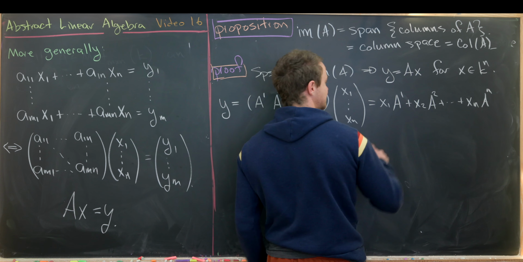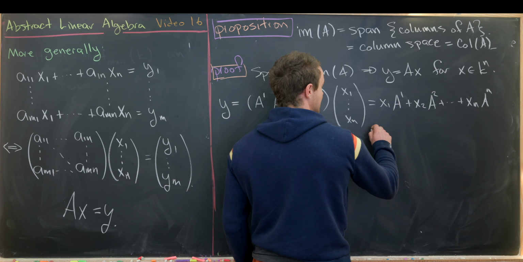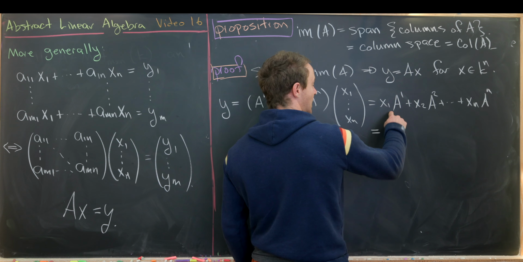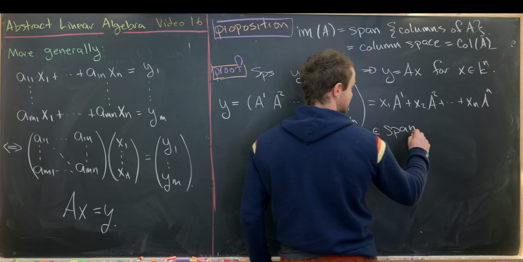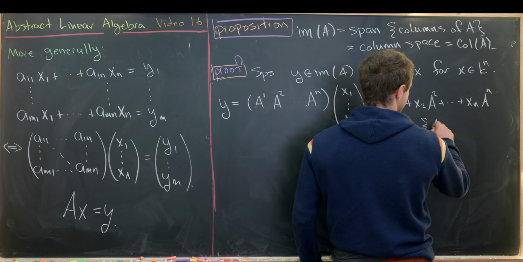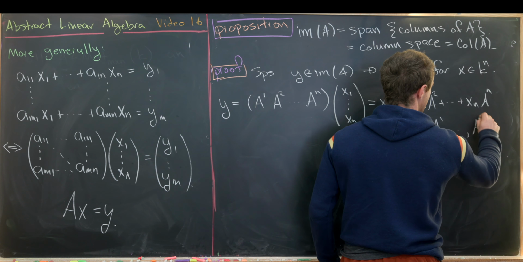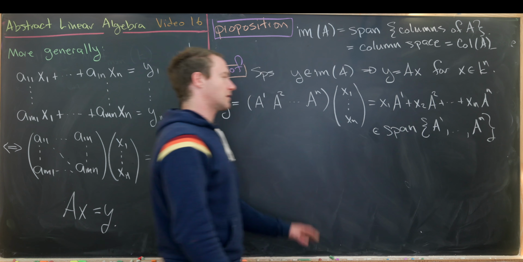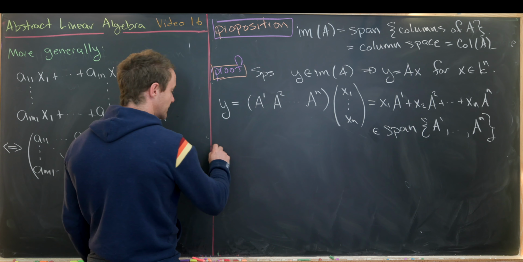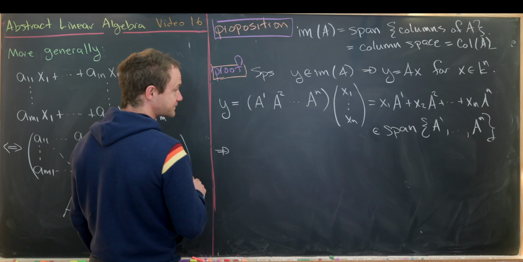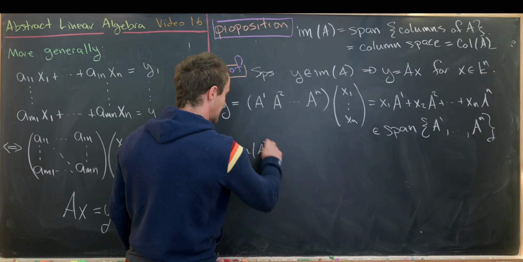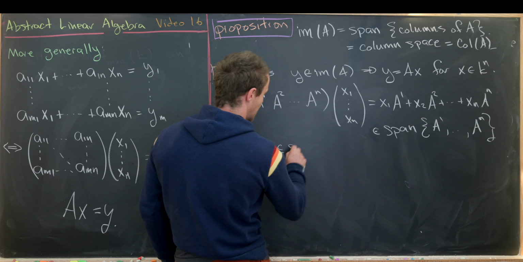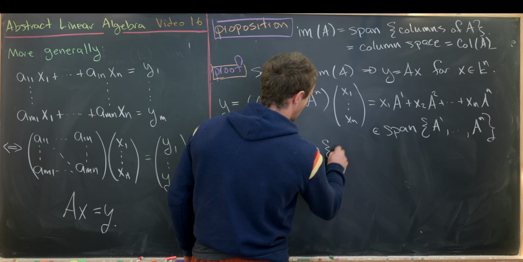Since these are just numbers, that gives us a linear combination of the columns of A, but that's exactly what it means to be in the span of the columns of A, in this case A1 up to An. Okay, nice. But now notice that that tells us that the image of A is a subset of the span of the columns of A.